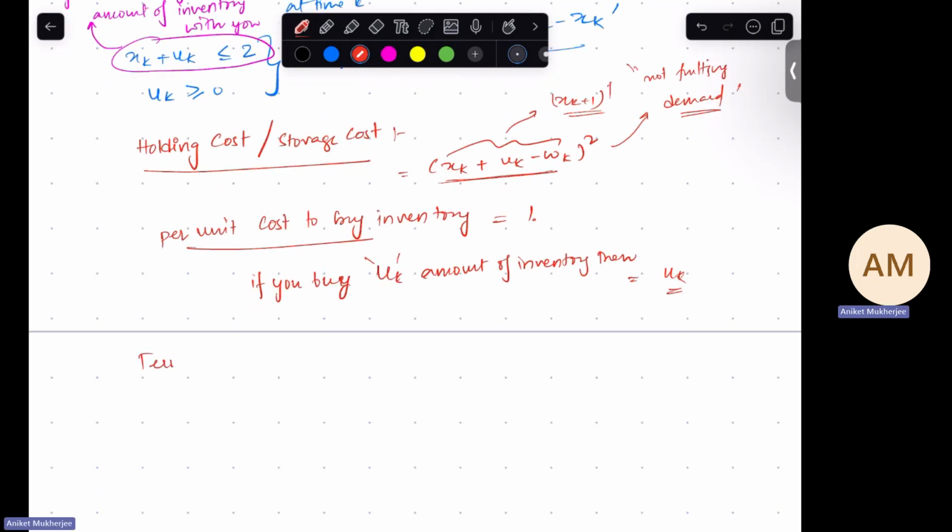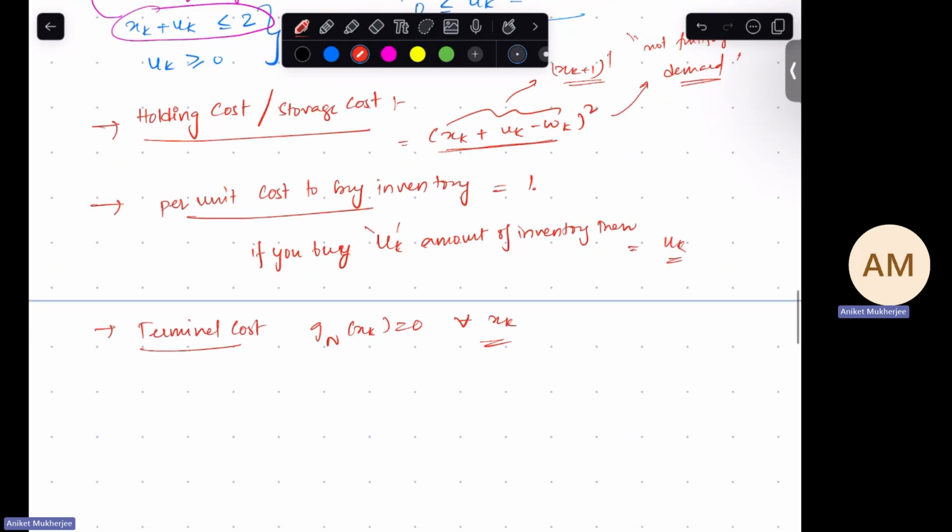The terminal cost, I'll put the terminal cost as 0 for all states. For any state you go into, it will be 0 always. So don't worry about that. You don't pay any cost for terminal cost.